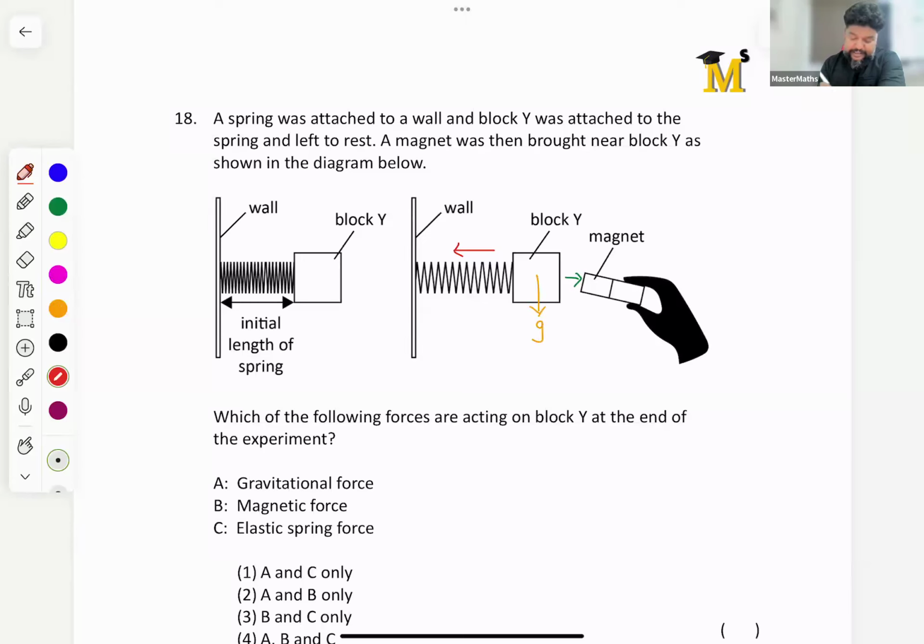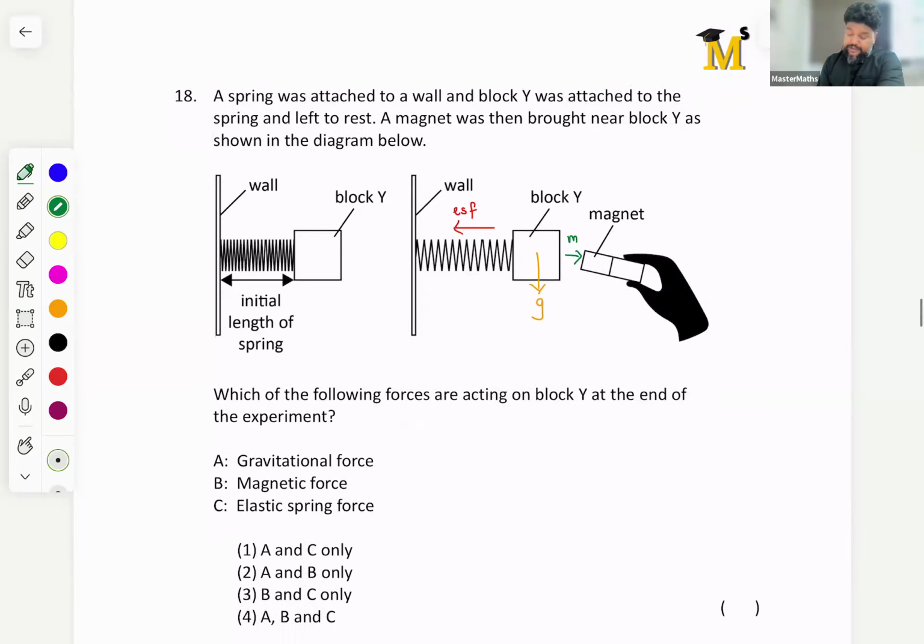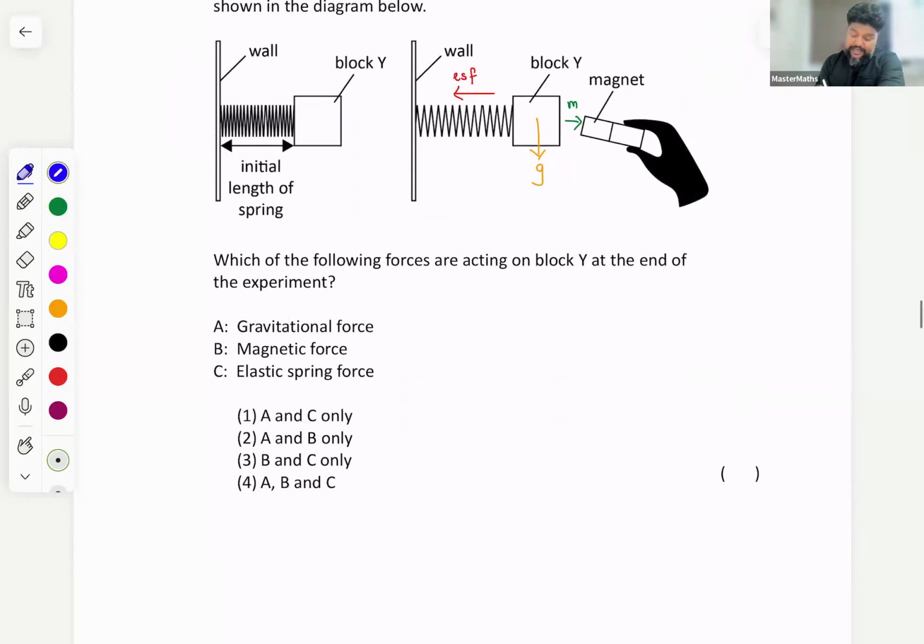So this is elastic spring force pulling him back, this is magnetic force attracting him, and gravity as usual. So which of the following acts at block Y? Is there gravitational force? Yes. Is there magnetic force? Yes. Is there elastic spring force? Yes. So based on this, it is option number. Zairul, okay now?